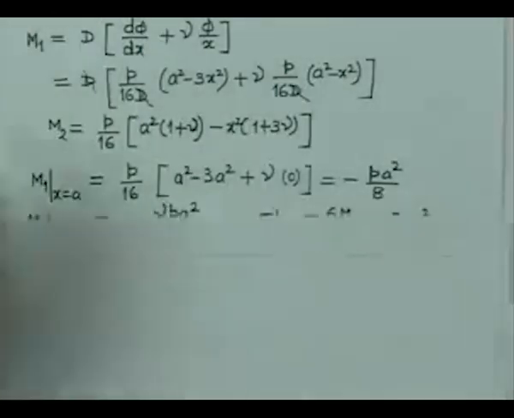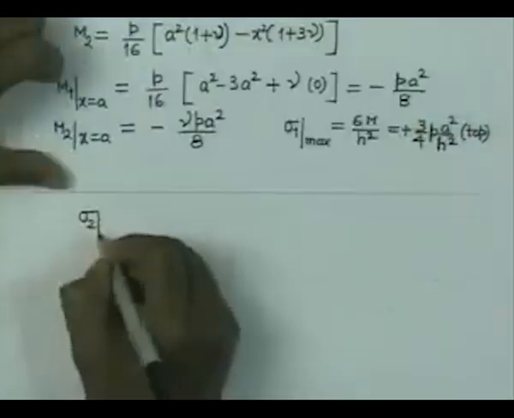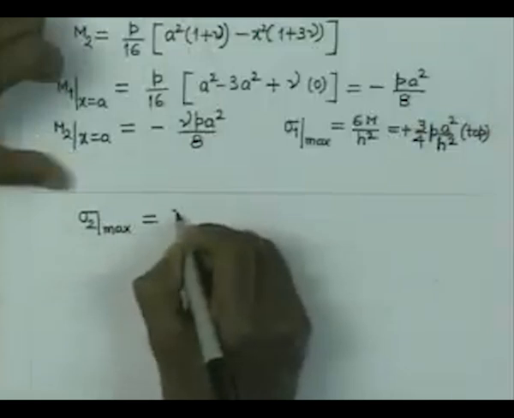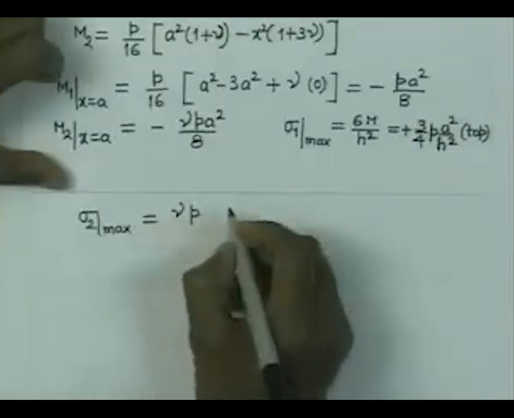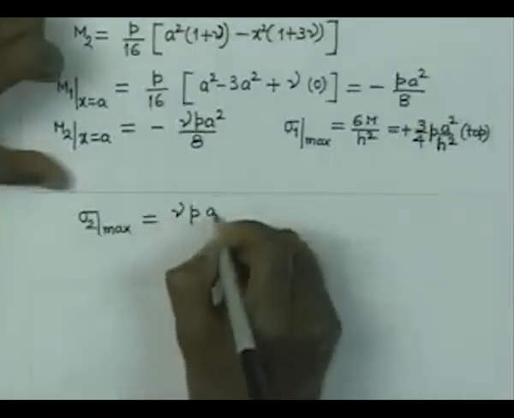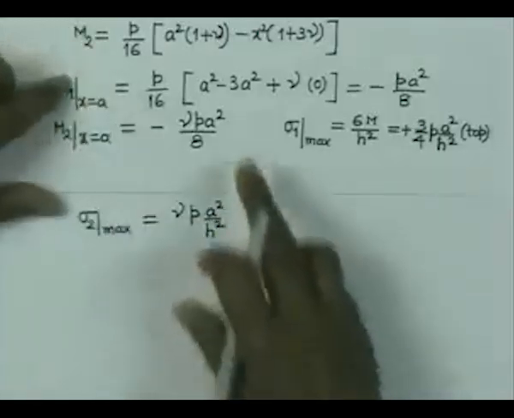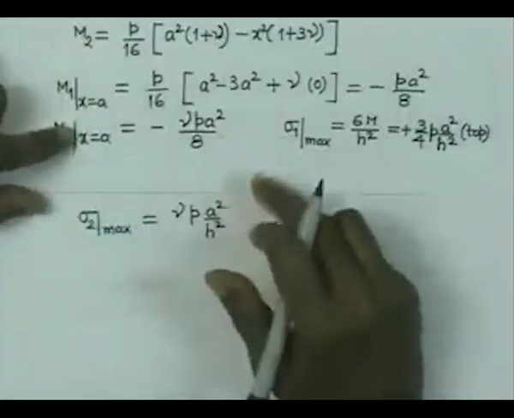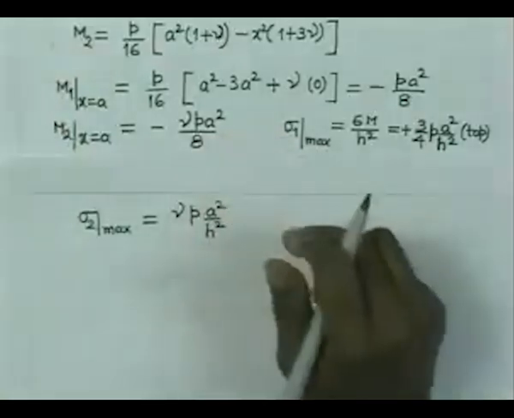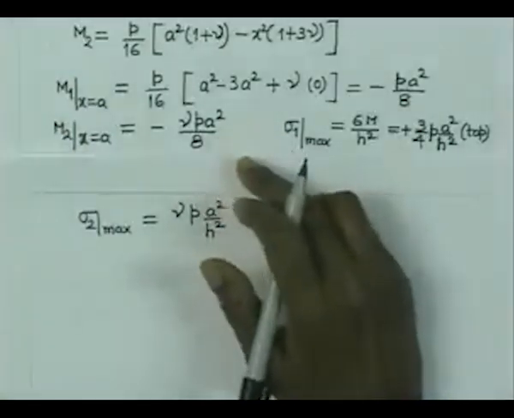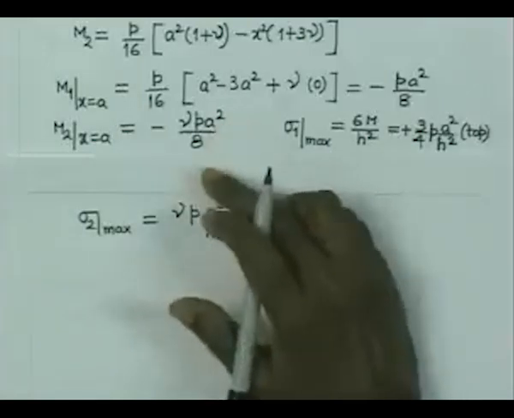Likewise, if we calculate the maximum stress due to M2, sigma 2 maximum is simply nu P a square by h square, and therefore, we will have nu P a square, 6 times this, divided by h square.